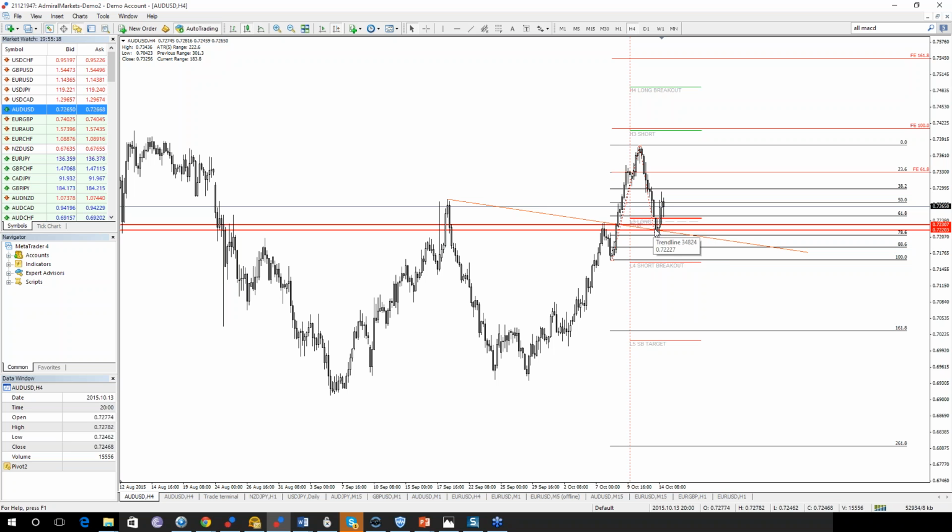That would be a perfect entry point, 72.20. Okay? It doesn't matter because you just place it on the retracement point, not on your entry point. Your entry point usually comes within the zone, but you place your extension at the retracement point. Point 1, point 2, point 3. Okay?